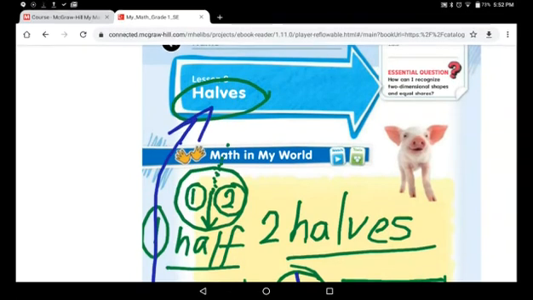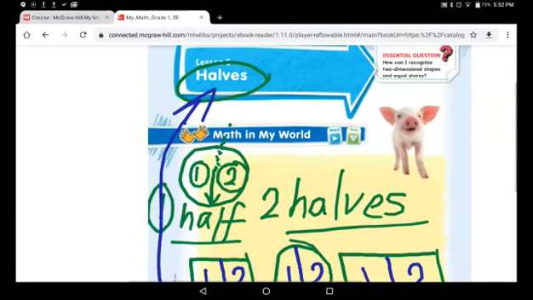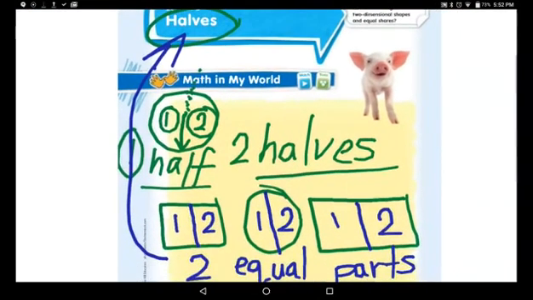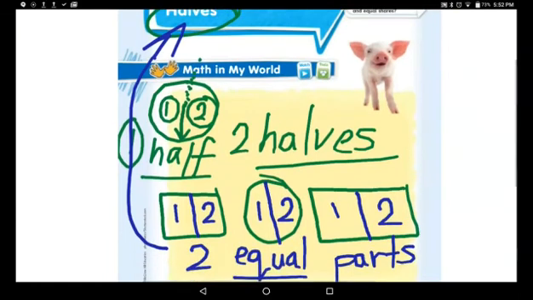So, cutting the shape into 2 equal parts makes halves. Okay? If I have 2 parts again, what can I say? We can say I have halves. 2 equal parts means halves. 2 halves.